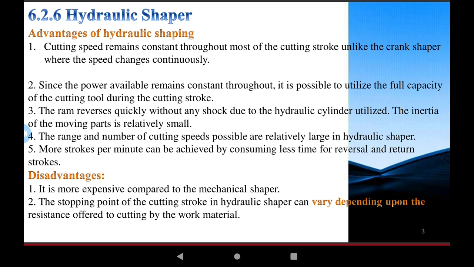The hydraulic pressure is given as power, in mechanical power form, to cut the metal, and the stroke can vary depending upon the resistance offered to the cutting by the work material. When the work material is very hard, the tool used must be very strong also, as compared to the cutting of the metals.